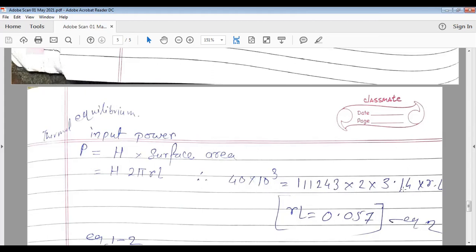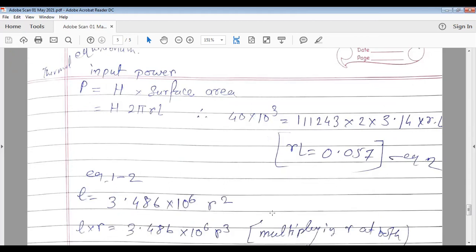Okay, and then r into L. From this point we can calculate r into L by dividing this by this portion, so r into L equal to 0.057. In equation 1, we know what amount of R was coming. R was 1.210 ohm.